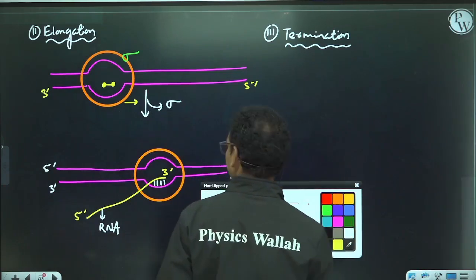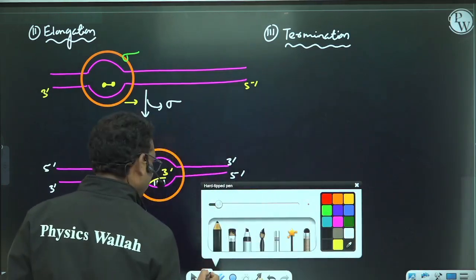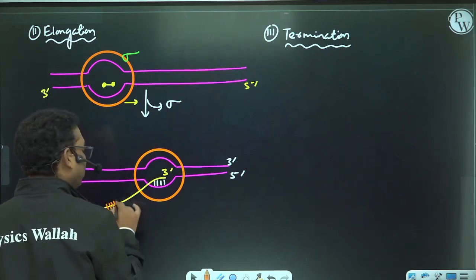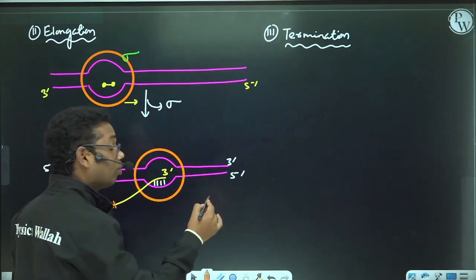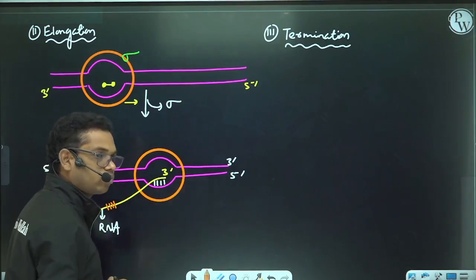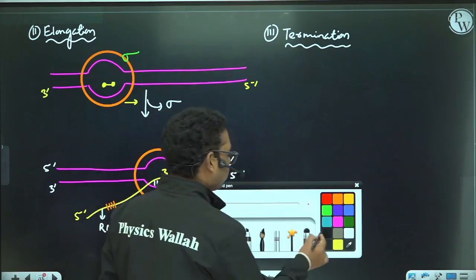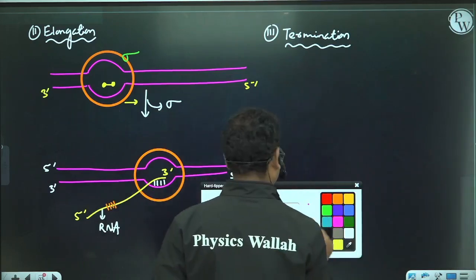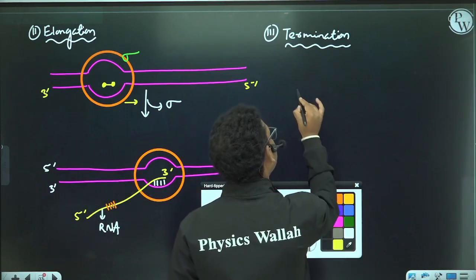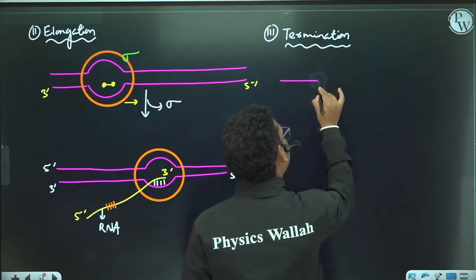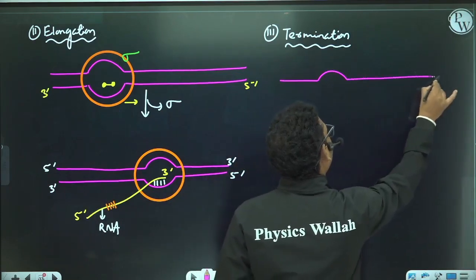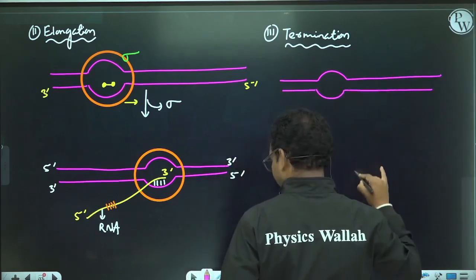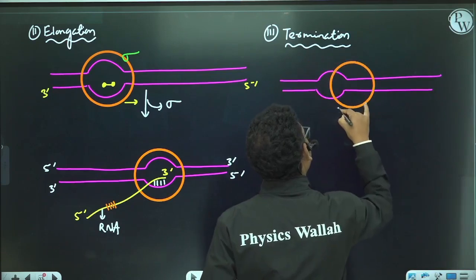Okay, so here a sequence will be formed, and this sequence will be recognized by the rho factor. So suppose this is the DNA molecule. Okay, this is the RNA polymerase.